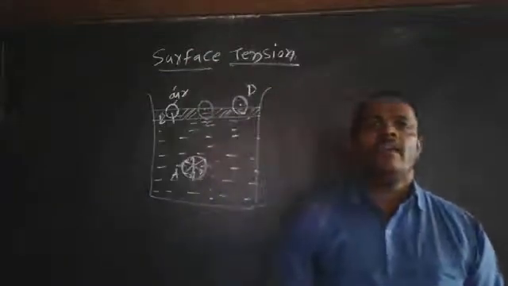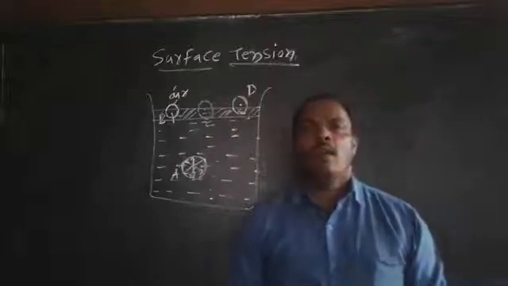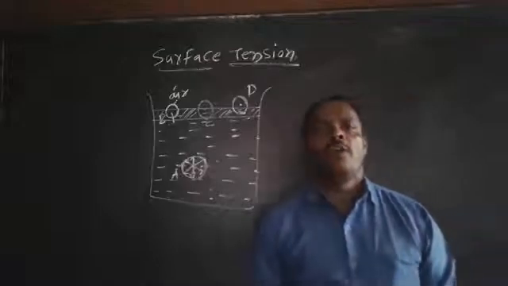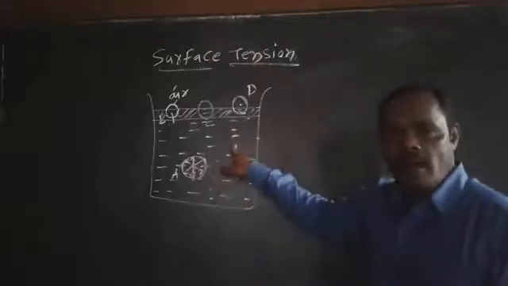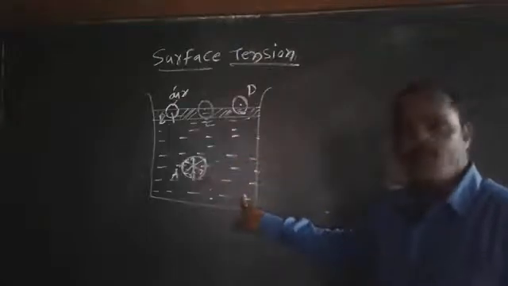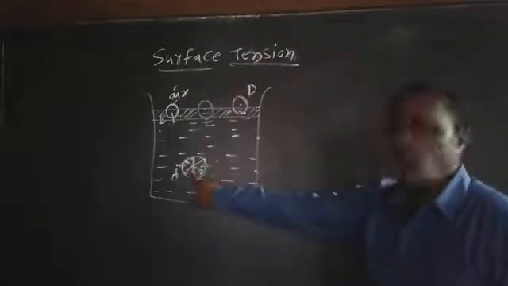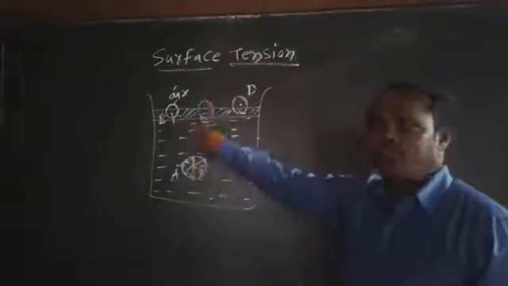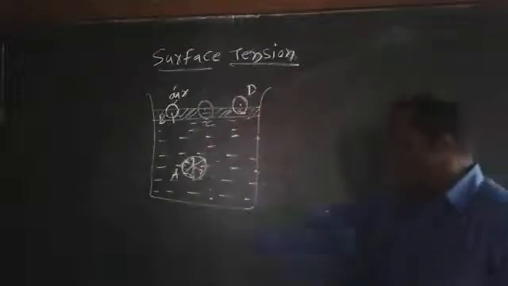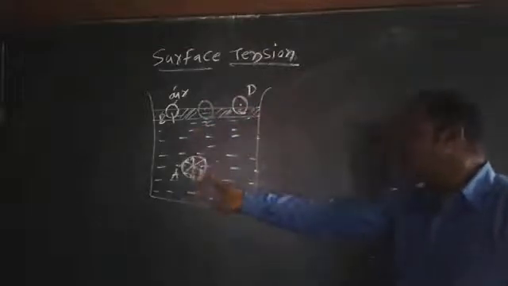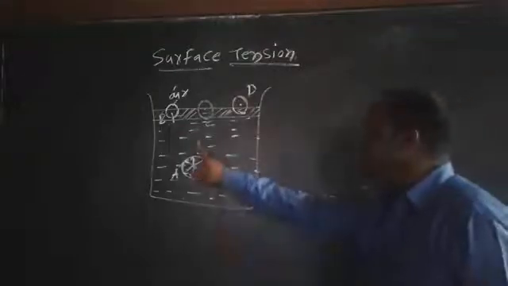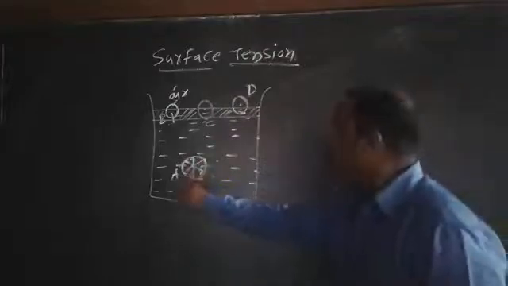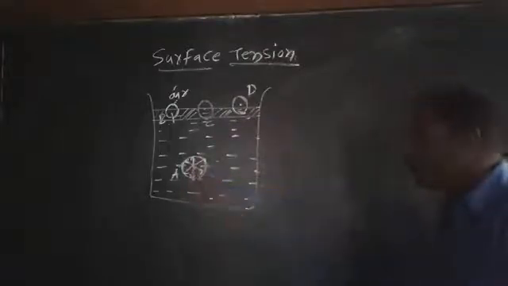So, listen here once again. We are going to discuss the phenomena of surface tension on the basis of molecular phenomena. We consider the liquid in the vessel, and we are considering four molecules, namely molecule A, molecule B, molecule C and molecule D. Molecule A is completely inside the liquid, hence the resultant cohesive force acting on molecule A will be 0.